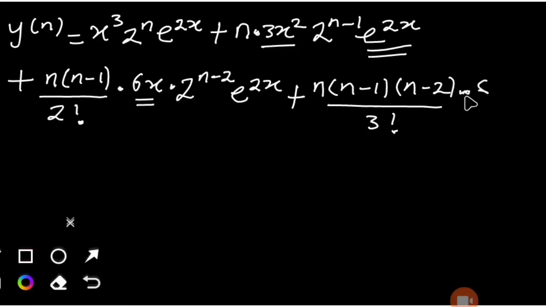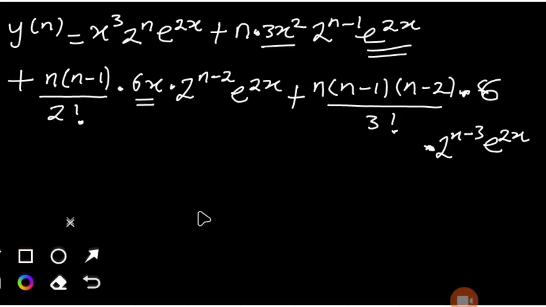Since I don't have space, let me write this one here, but if you have space, you can continue. Then the derivative of exponent of 2x to the degree of n minus 3 is 2 raised to the power of n minus 3, then exponent of 2x.